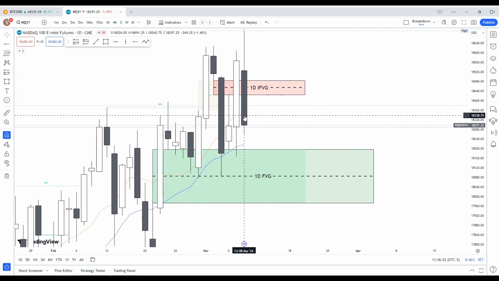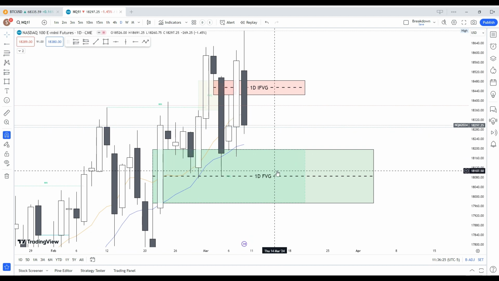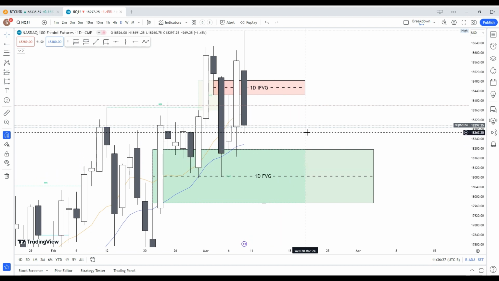They might drag this thing down. We don't have any news on Monday, but there is CPI on Tuesday. So CPI is going to make a big move.